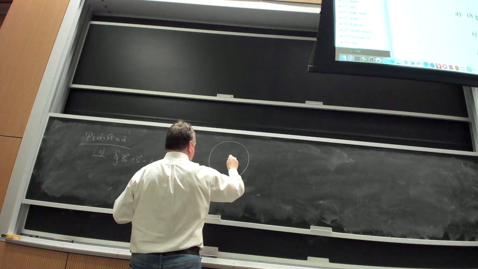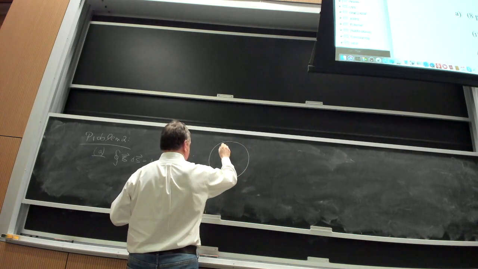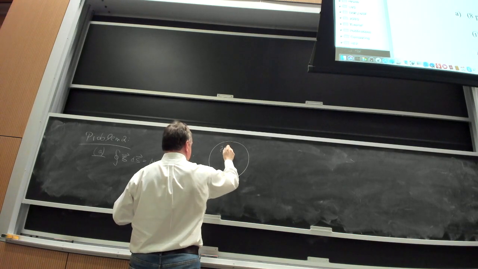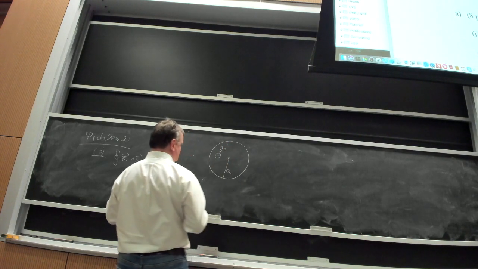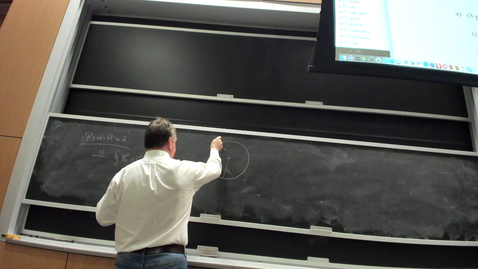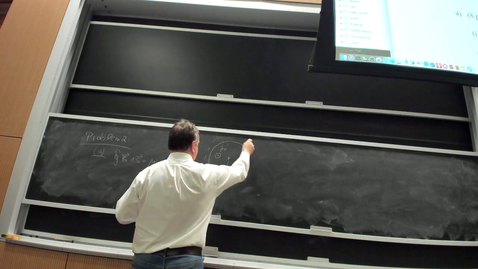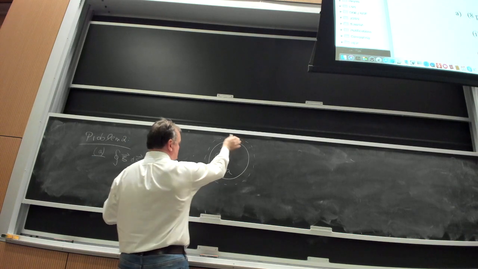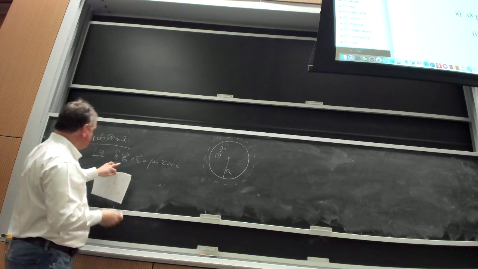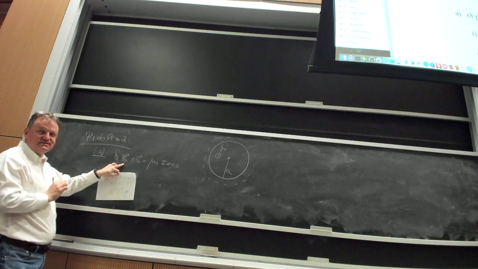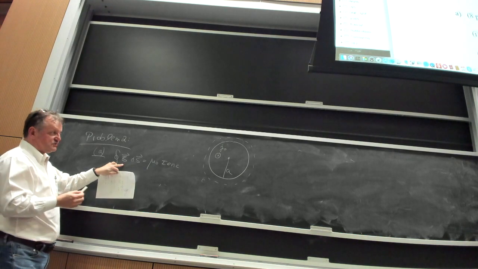So here's your wire, radius a, constant current density, which is coming out of the plane here. And now you're supposed to evaluate the magnetic field outside of that. So you're using an Amperian loop, a closed loop matching the symmetry of the magnetic field, a circle.